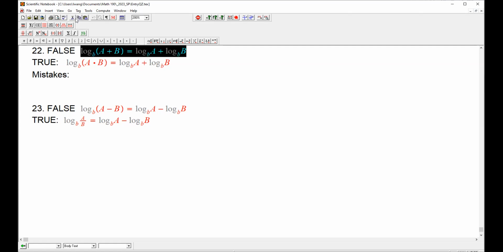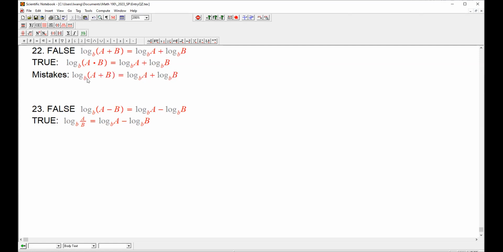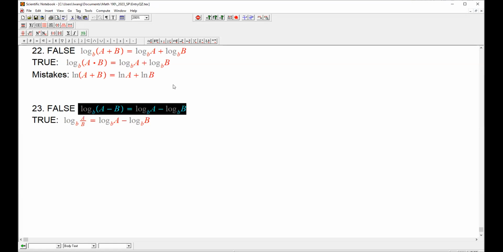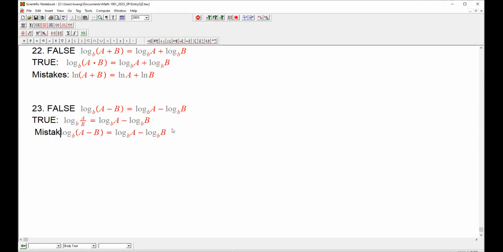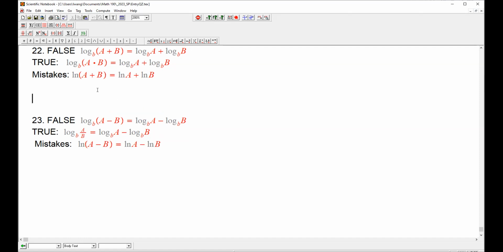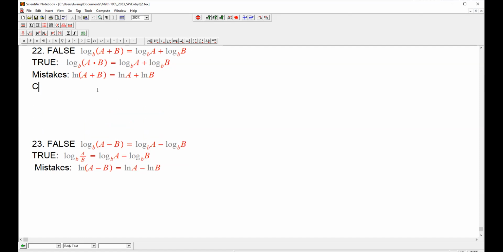This mistake often shows up in this form, ln, and this mistake shows up in this form, because we use ln a lot. So when you're about to make that mistake, think of some counterexamples.